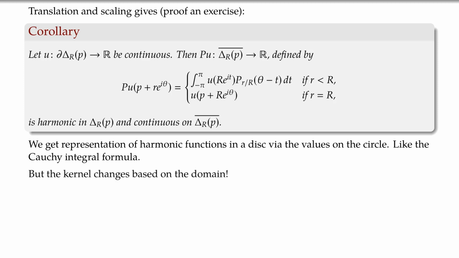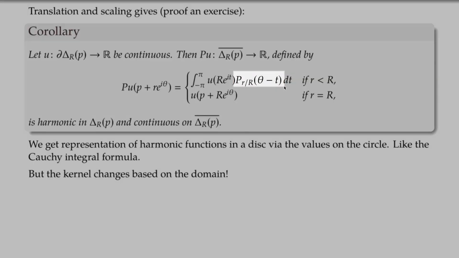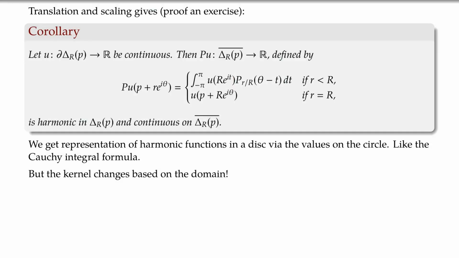Now there's one sort of downside with this. The kernel changes with the domain, right? In this case, it's a circle, and even here, if the circles change, the kernel changes. I mean, for circles, it's not too terrible, but it does change.